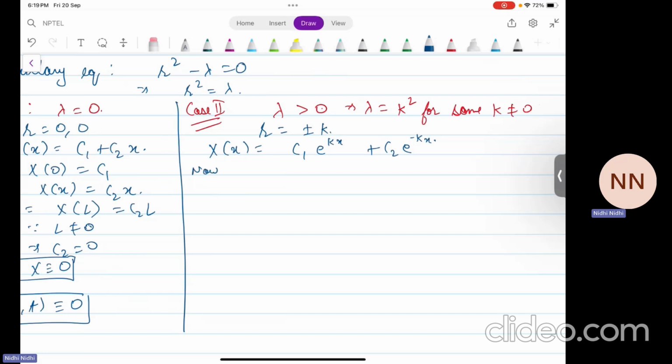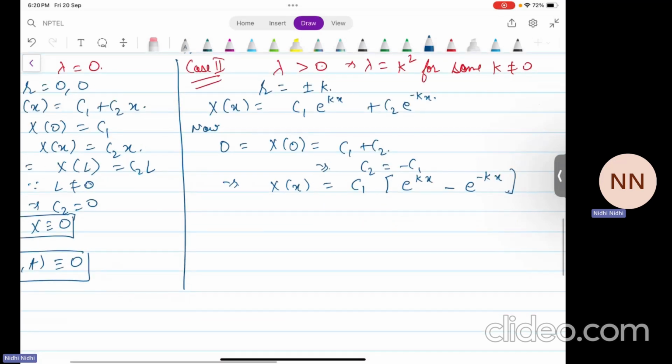Now we have the boundary conditions. 0 is equal to X at 0, which is c1 plus c2. This gives us c2 is equal to minus c1. This gives us X(x) equal to c1 times e to the power kx minus e to the power minus kx. Now also we have another boundary condition, X(L).